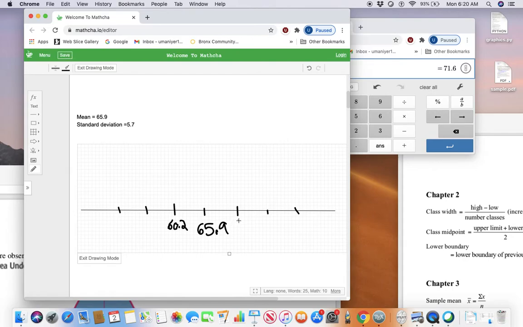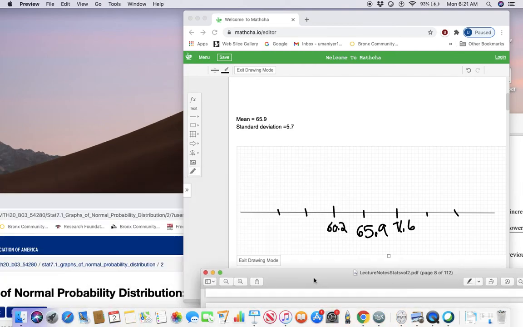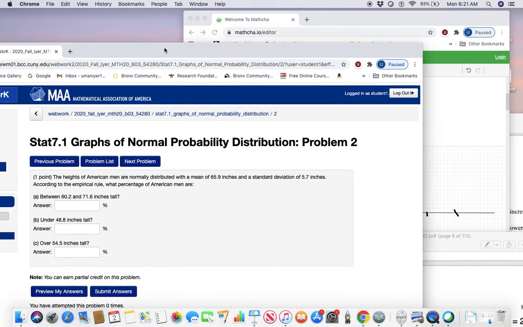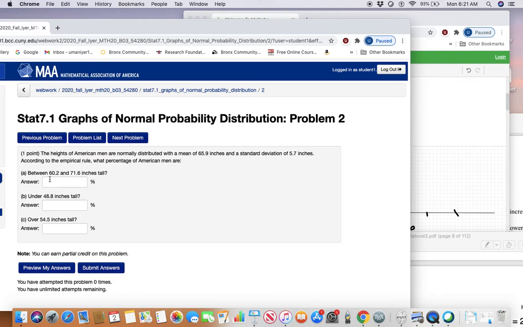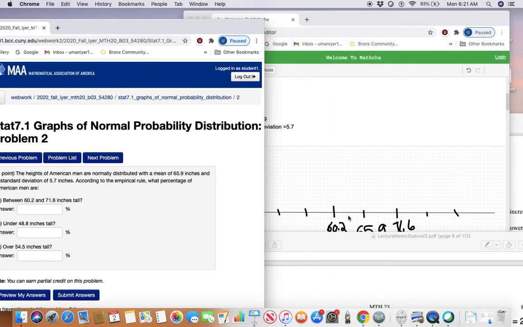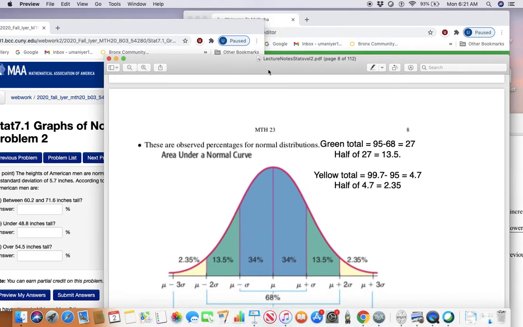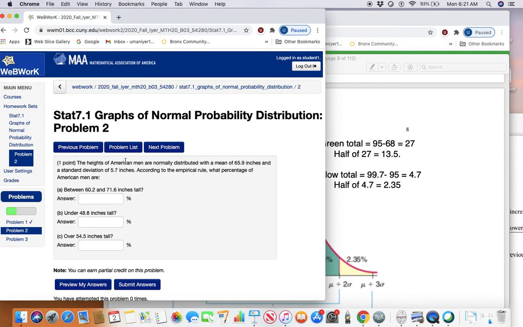So 60.2 and 71.6 are just one standard deviation away, and we have seen that one standard deviation away from the left to the right gets me 68%.